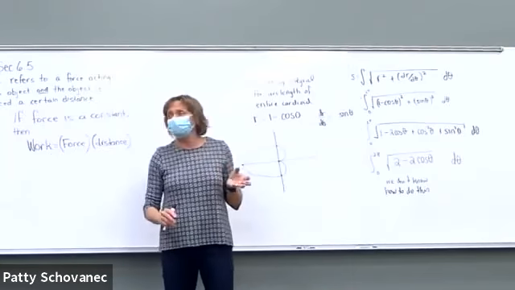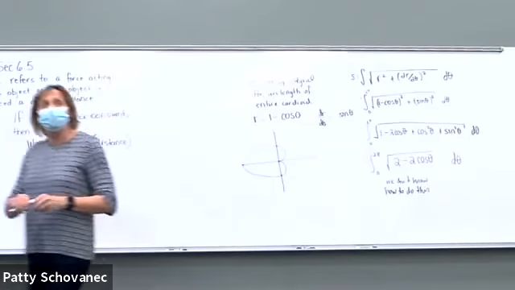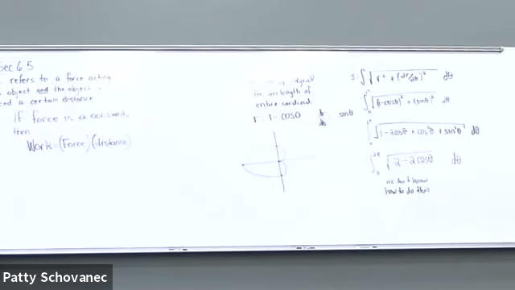For example, if I pick up a 20-pound bag of potatoes and put it up here on this table that's about 4 feet high, I've done 20 pounds times 4 feet of work. Or I've done 80 foot-pounds of work.